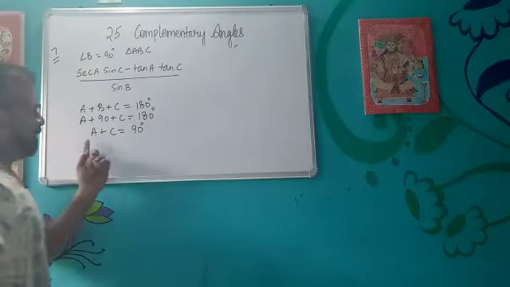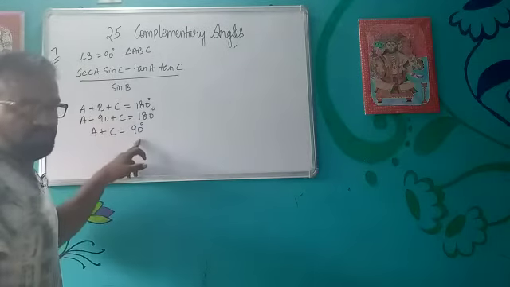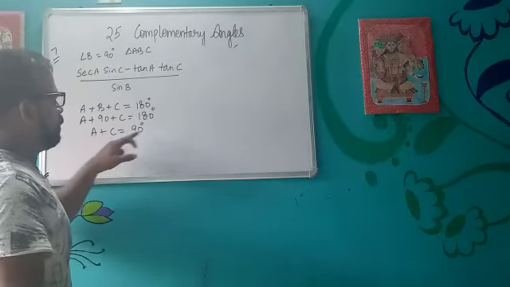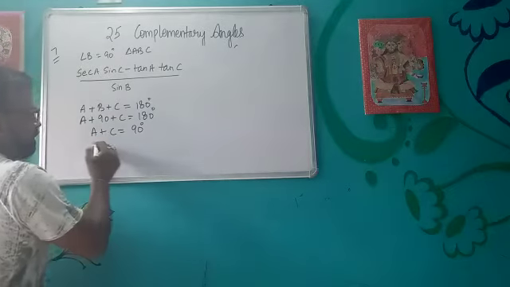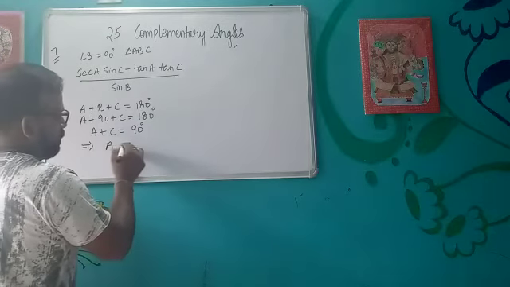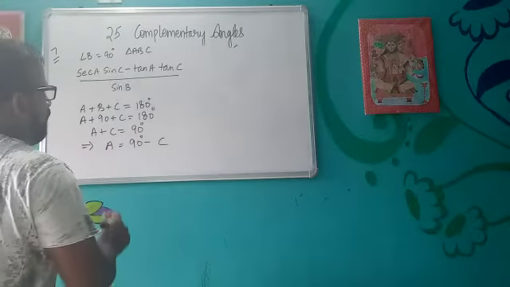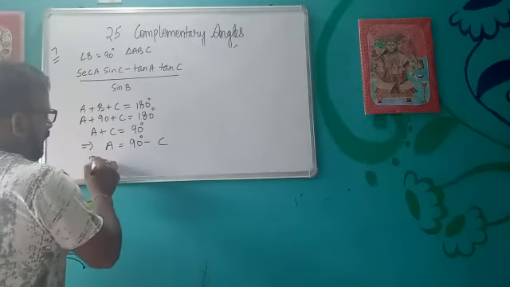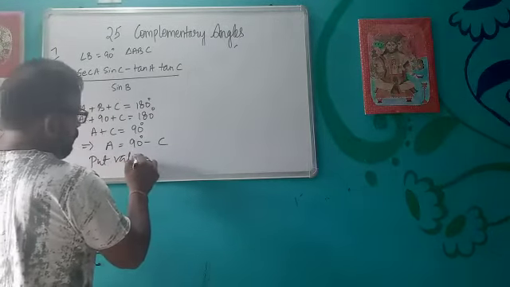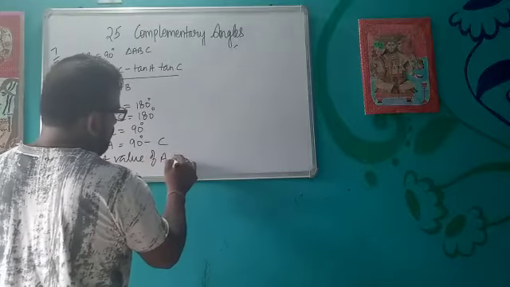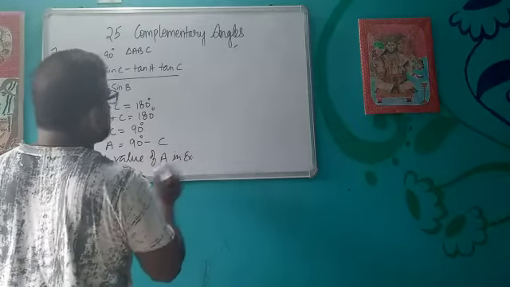So either you will replace the value of A by 90 minus C, or you will replace the value of C by 90 minus A. Suppose I take A equal to 90 degrees minus C. So what I will do, I will put the value of A in the expression.